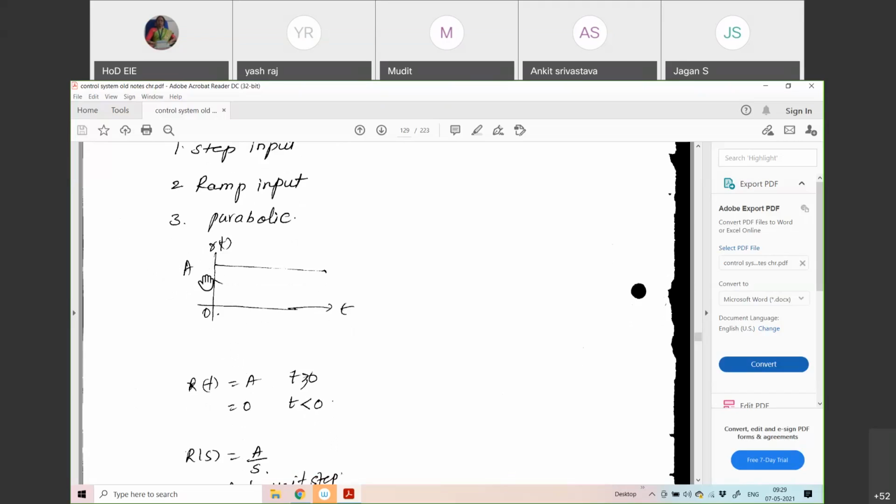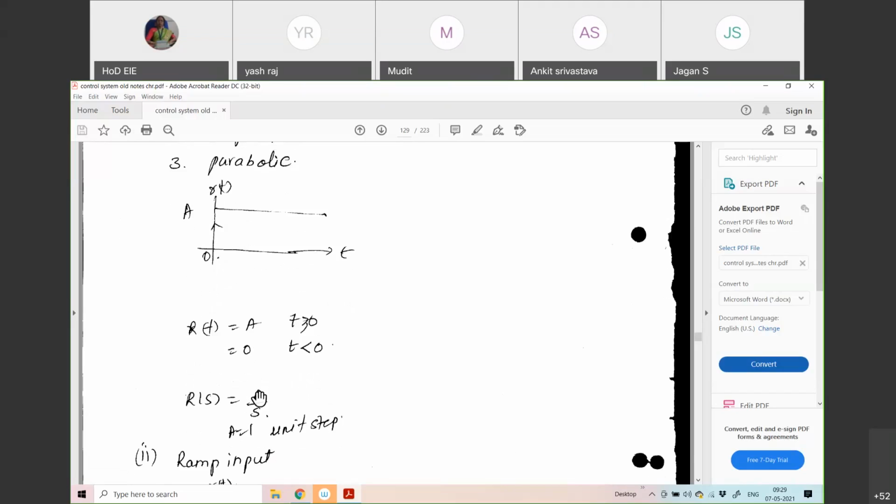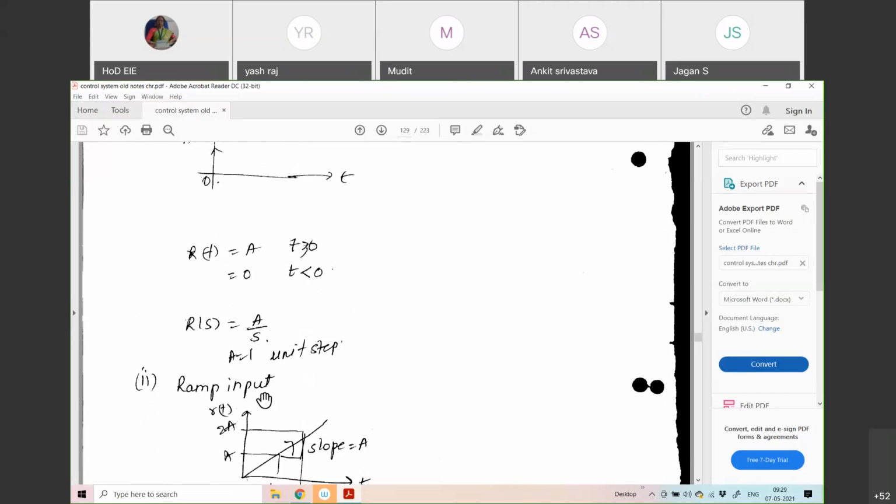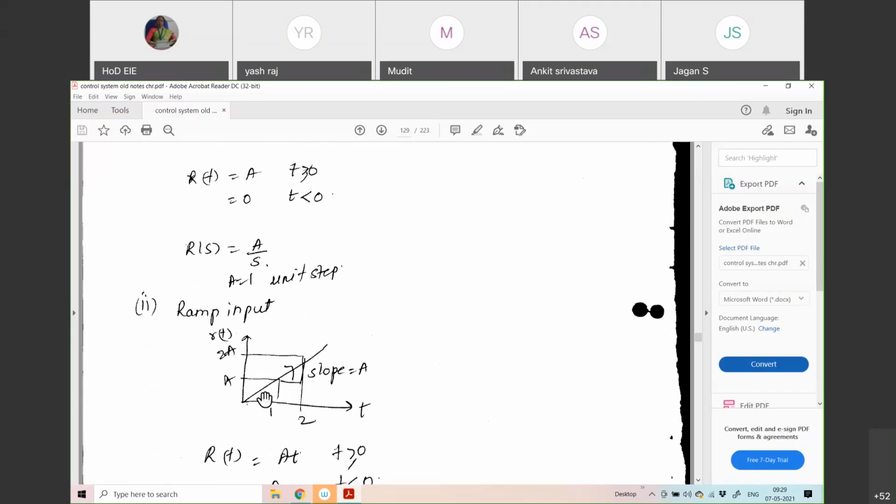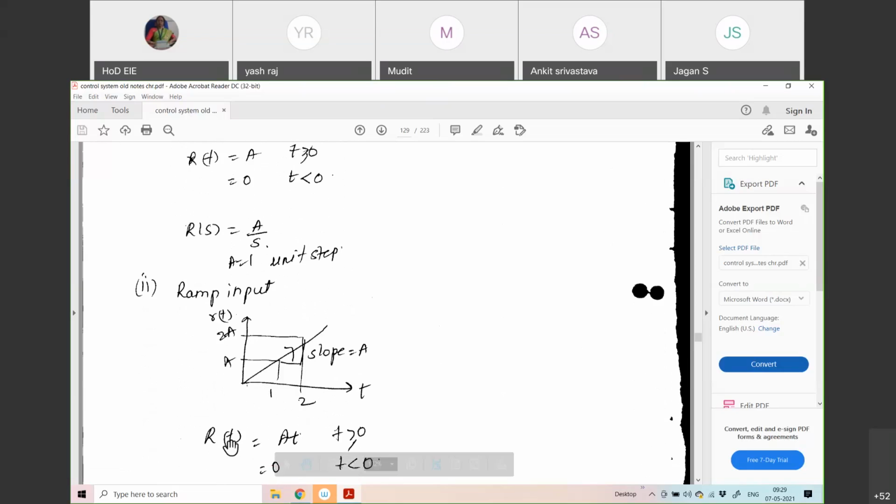Whether I'm giving 1 unit or 10 units, A units is deciding the amplitude. So if the amplitude is 1, we say it is a unit amplitude step input, or unit step.